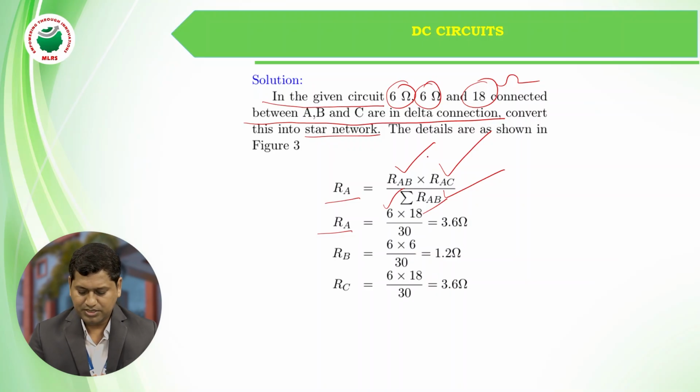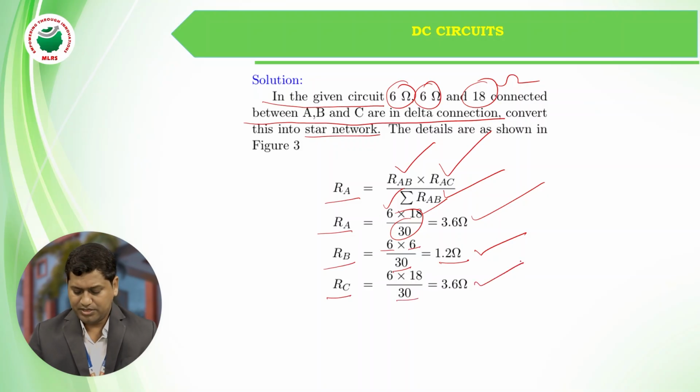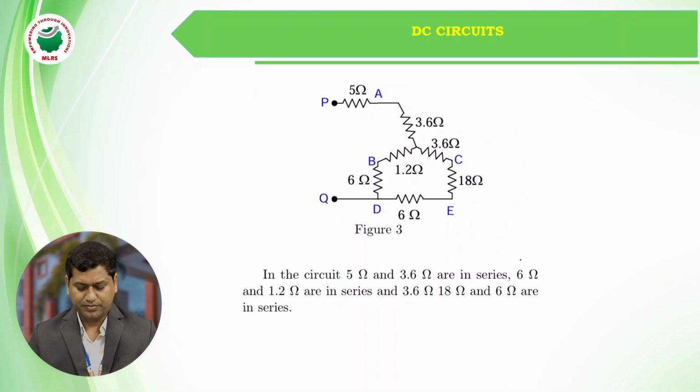The total is 6 plus 6 plus 18, that is 30. So we get 3.6 ohm. Similarly, RB is 6 into 6 divided by 30, which is 1.2 ohm. Similarly, RC is 6 into 18 divided by 30, that is 3.6 ohm.